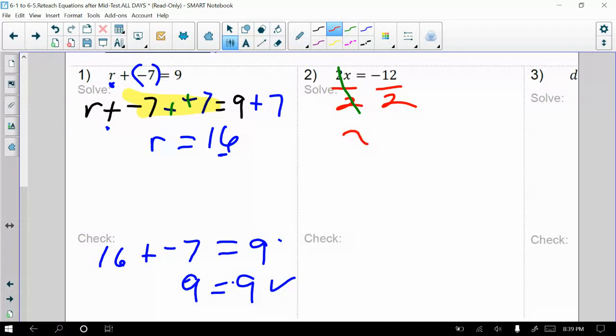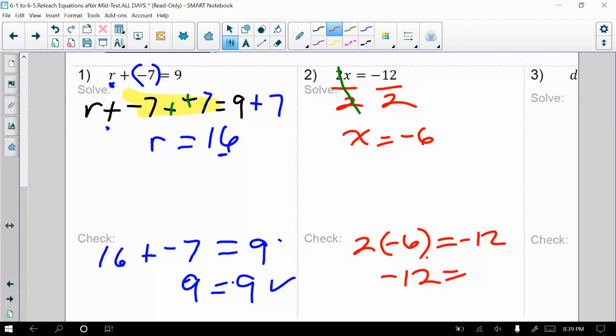Then I just have to take x, and if I have negative 12 and split it in half, each half has negative 6 in it. Then all I have to do when I check my work is take 2 times negative 6, and is that equal to negative 12? Well, if you borrow $6 twice, how much do you owe me? $12. If you owe money, it's a negative.